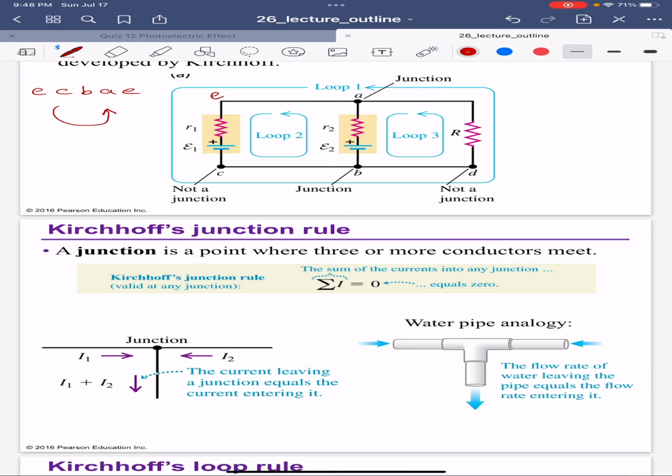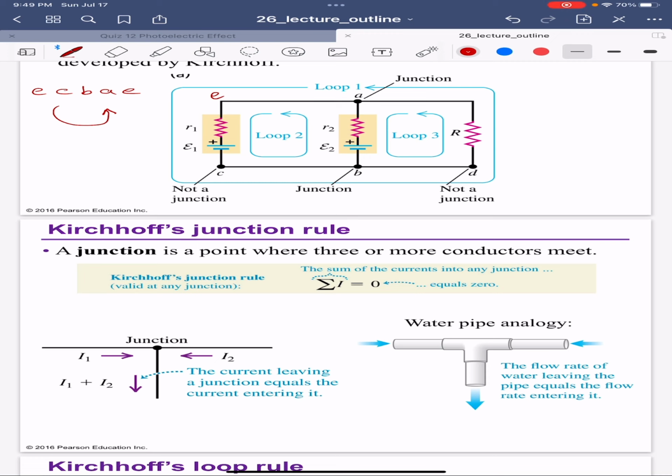Then you might have I1 that is going to split into two. Then I will say I1 equals I2 plus I3. We're going to see that. And here, something that we need to know is that a junction is a point where three or more conductors meet. Conductors here, I'm talking about wires.